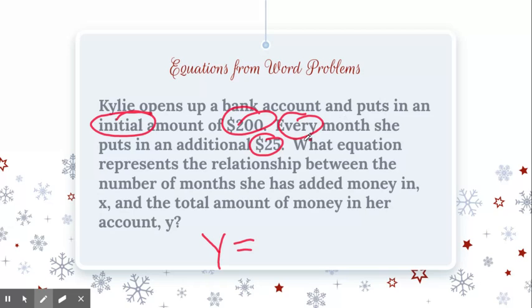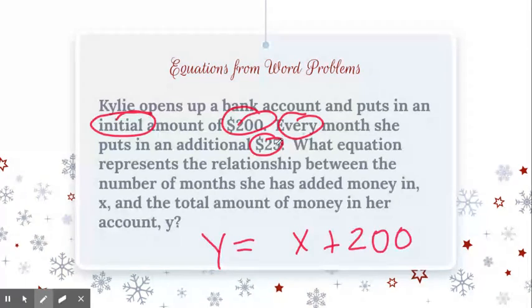And then it's going to ask you, this is going to be your star question, so remember it. What equation represents the relationship between the number of months she has added money in, x, and the total amount of money in her account, y. So number of months is x, right? And y is going to represent the total amount. Okay, so all we're looking at is 200 was the initial amount, so we're going to put that after the plus sign.